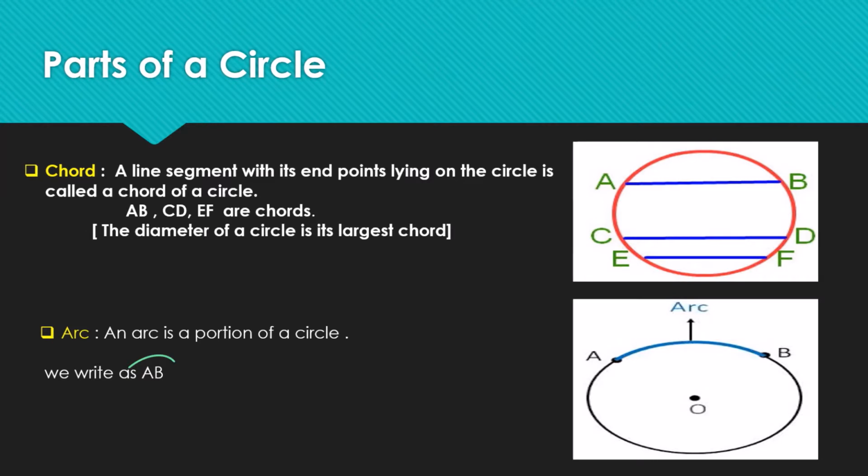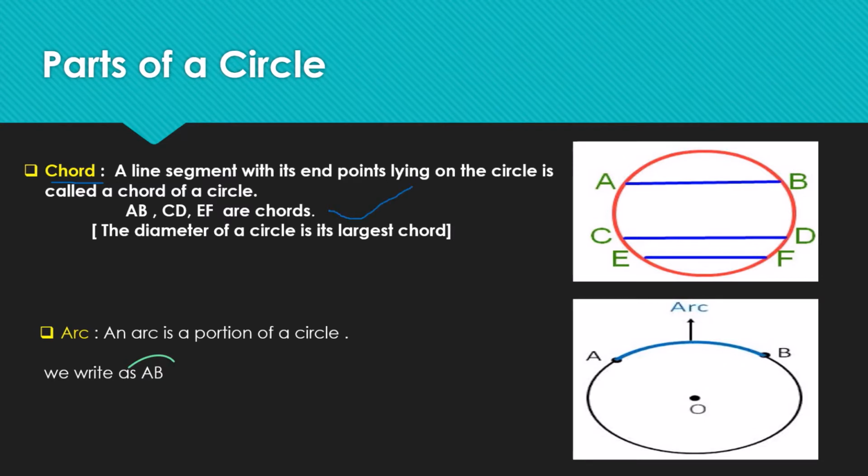In the next part we are going to discuss the parts of a circle: the chord. Chord is also like we discussed diameter. A chord is a line segment in the interior part of the circle and its endpoints are on the boundary of the circle. So from the figure you can see AB, CD and EF are chords.